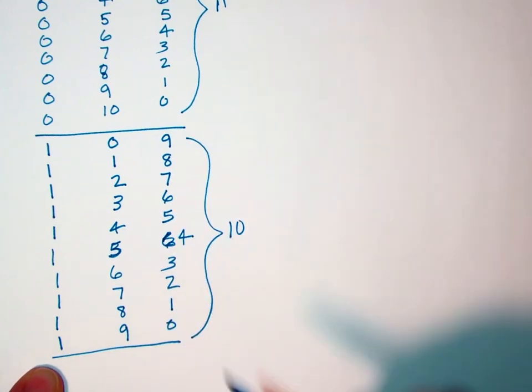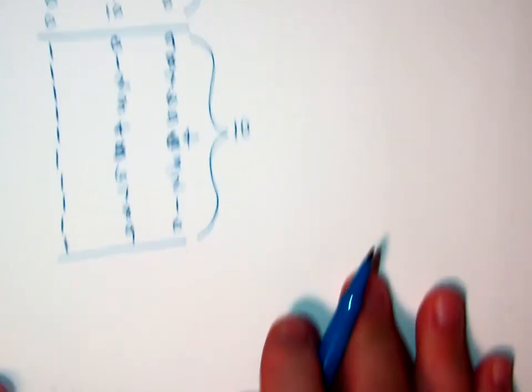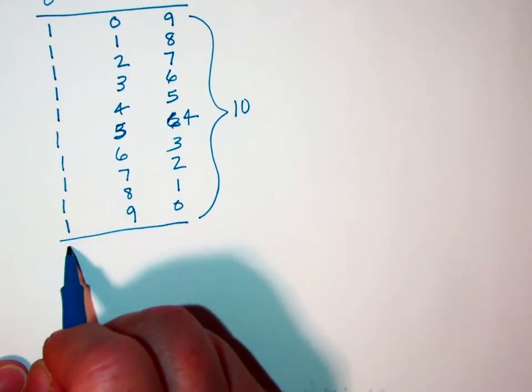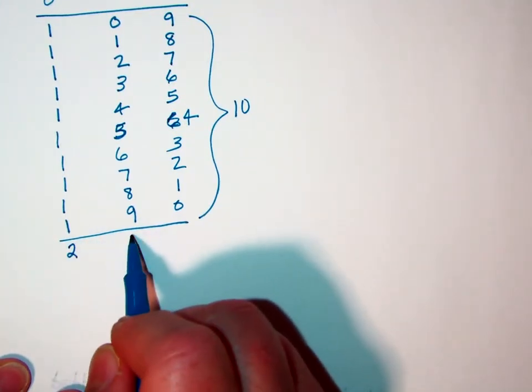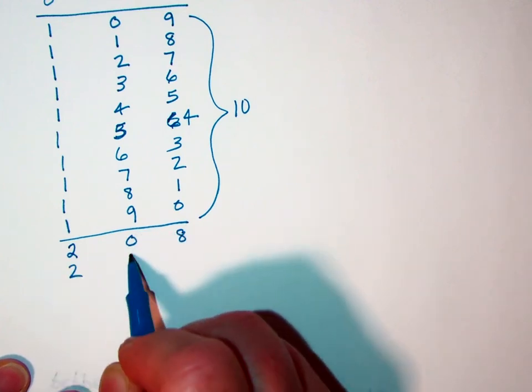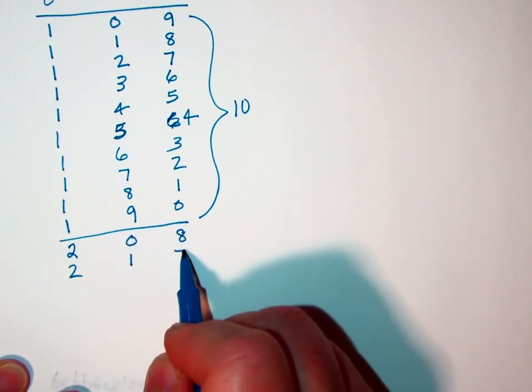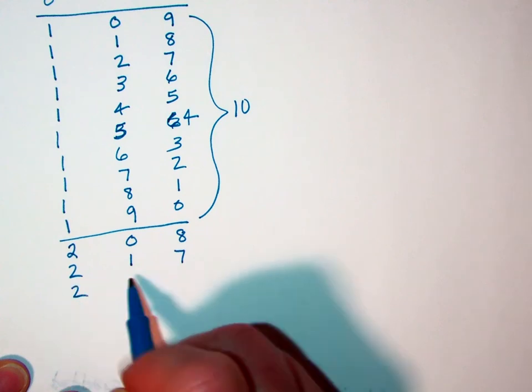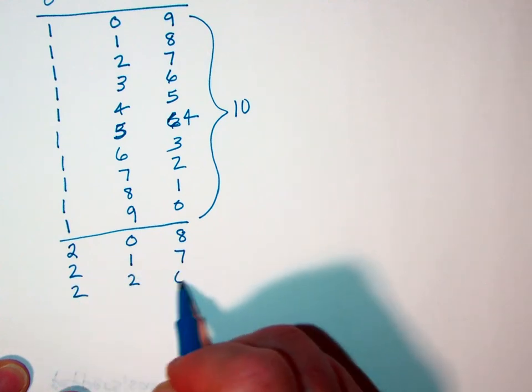So are we starting to see a pattern here? Looks like it. Let's do one more to be sure. Let's look at if A equals 2, B equals 0, C has to equal 8. If A equals 2, B equals 1, C has to equal 7. If A equals 2, B equals 2, C has to equal 6.